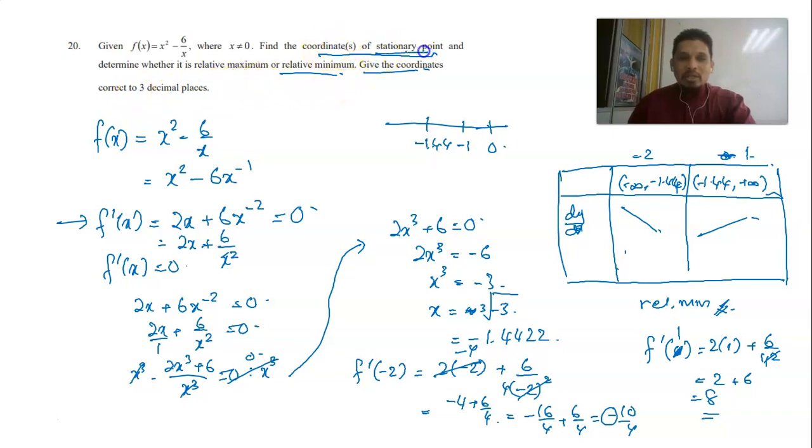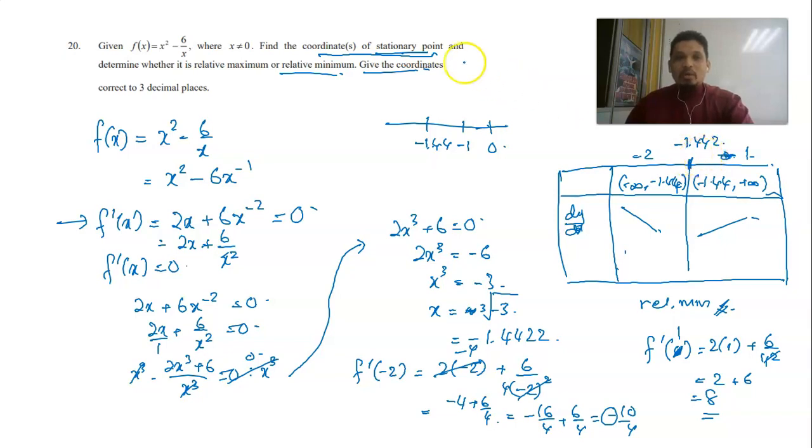Find the stationary point. Stationary point means that at this point here, x is negative 1.442. From decrease to increase, the change from negative to positive is at negative 1.442.